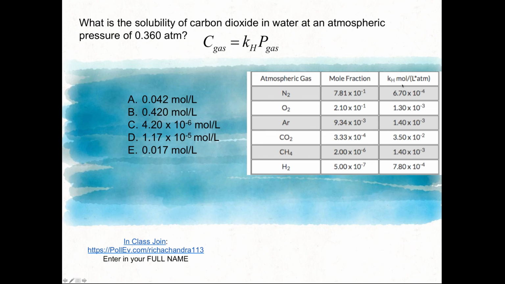And these are the different Henry's constants for different gases. So we're looking at carbon dioxide, and you have its mole fraction. So remember, mole fraction is going to be your X value. Okay, so go ahead and press pause and answer this question.